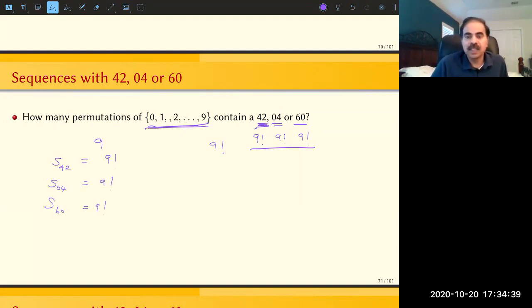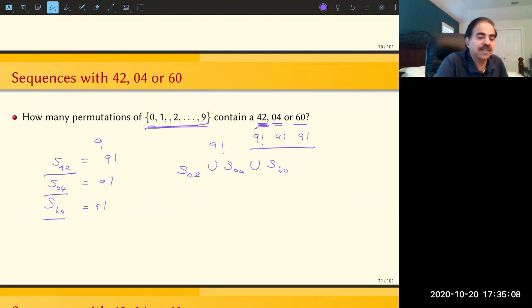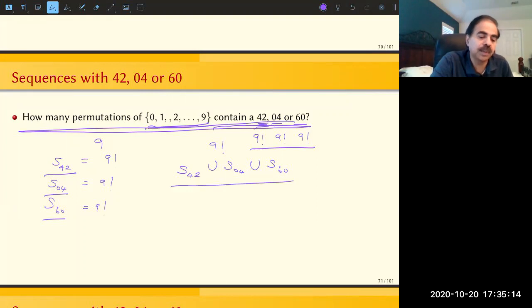So if I want at least one of these, I'm looking for the union of these sets, because this set includes everything that contains a 42, this one contains everything that contains a 04, and this set includes everything that contains a 60. Therefore, the union of these sets is what I'm interested in. So I need to compute the union of these 3.